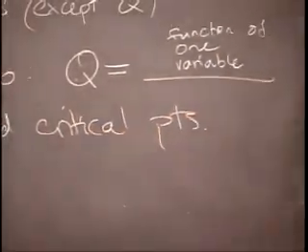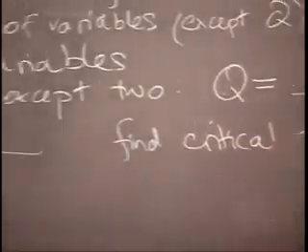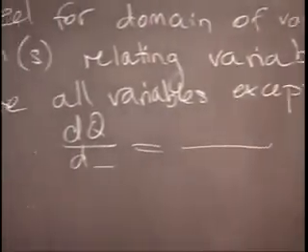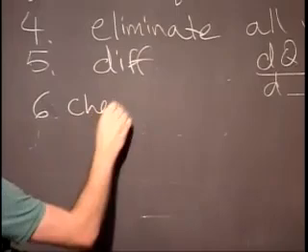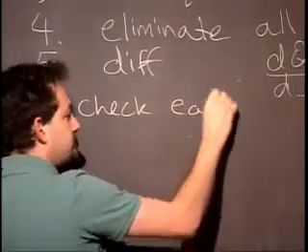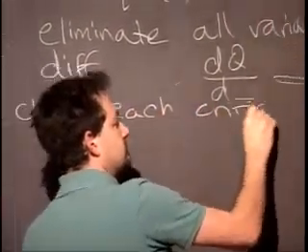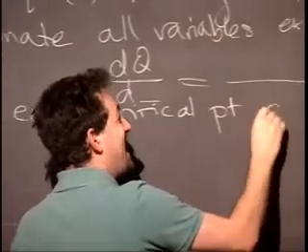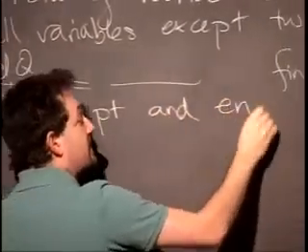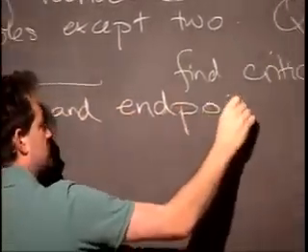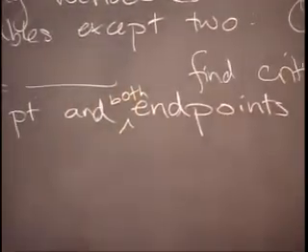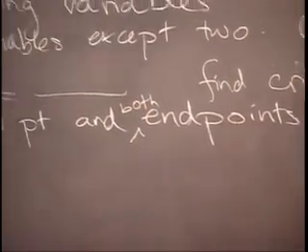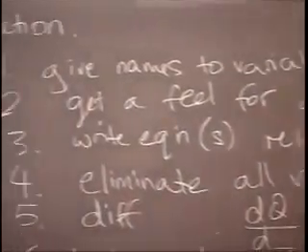Remember, maxima and minima occur only at critical points or endpoints. And that is what we're going to use. Check each critical point and endpoints, if there are. Well, let's say both endpoints. And that's actually the whole point of step 2, to find the domain so you know what the endpoints are.